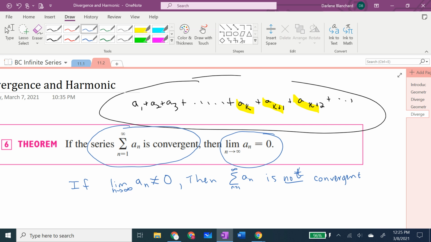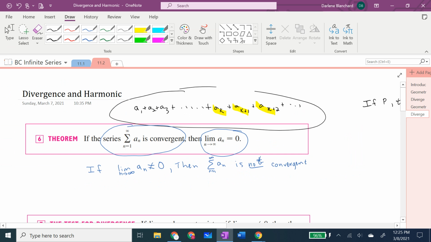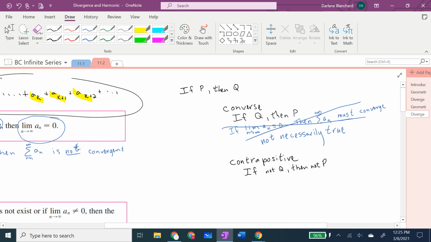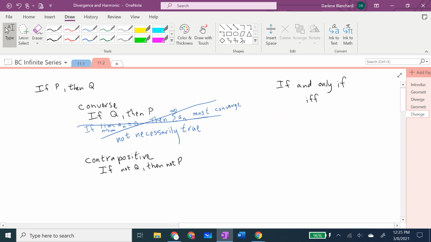If you think about it a while, you will realize that the contrapositive has the same truth value as the initial statement. They really mean the same thing.